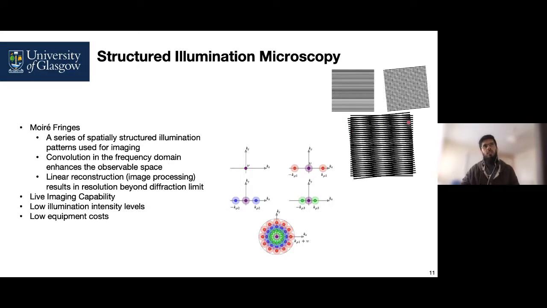This observation is called Moire fringing: the overlap of different patterns in the space domain is observed as convolution in the frequency domain, which enhances the frequency domain observation space we get from a microscopic technique.